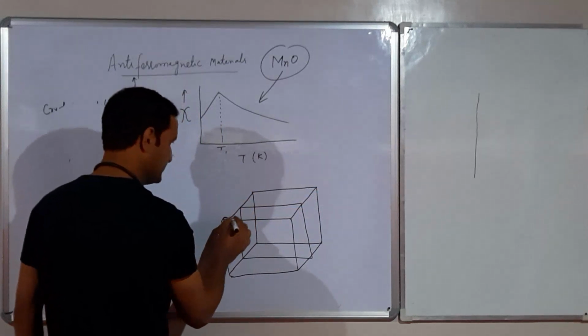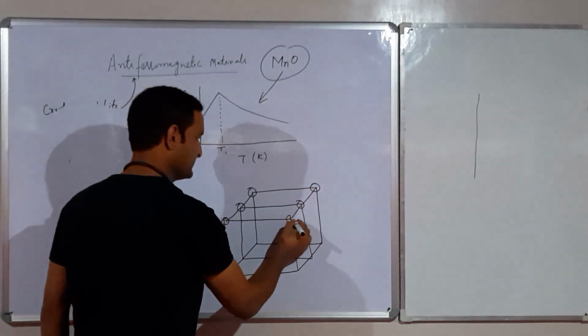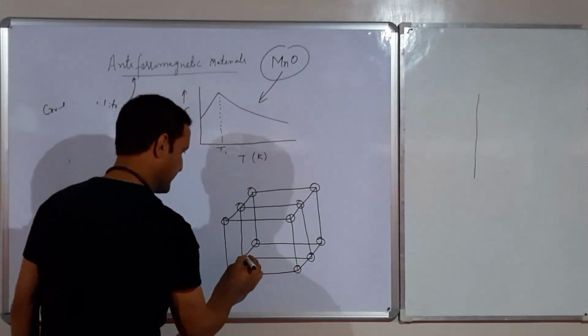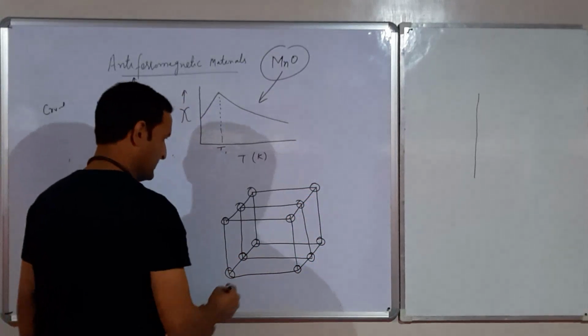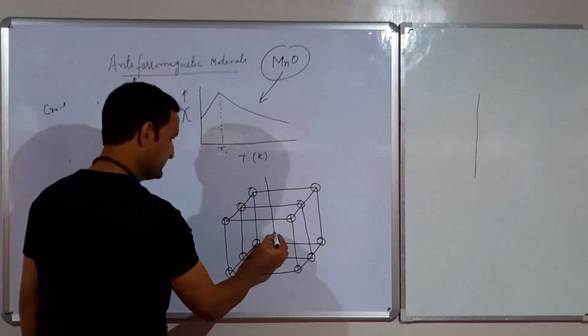Here the atoms are at their lattice sites. The second sublattice will be like this.